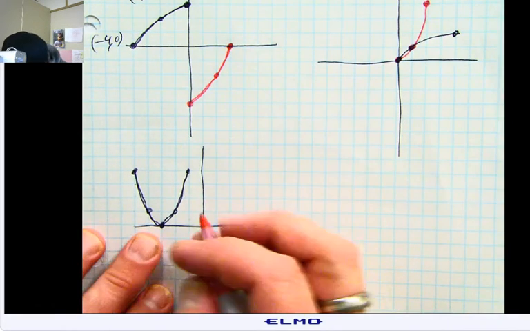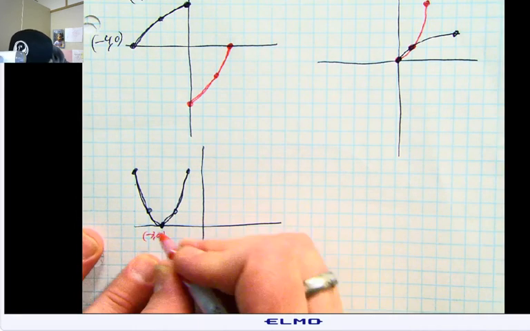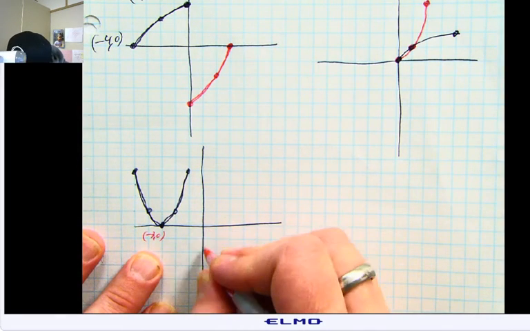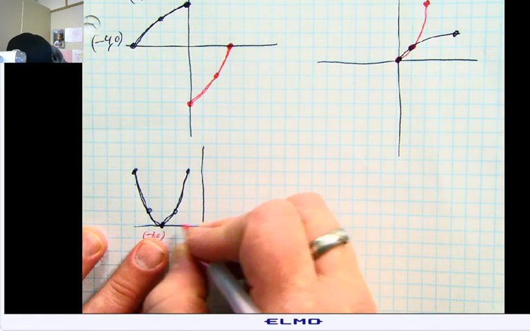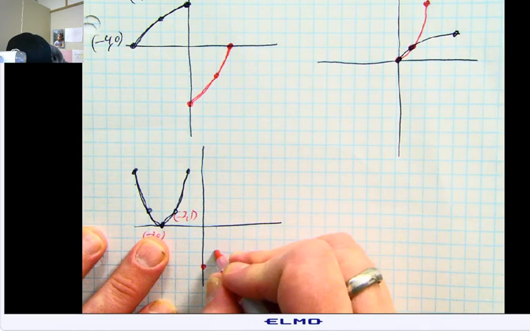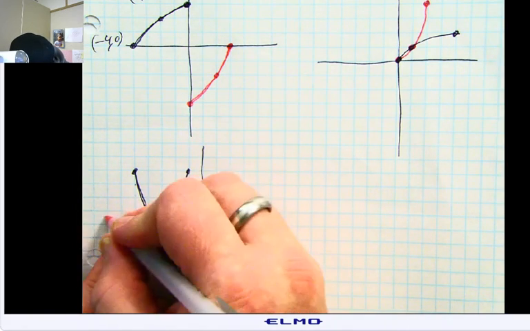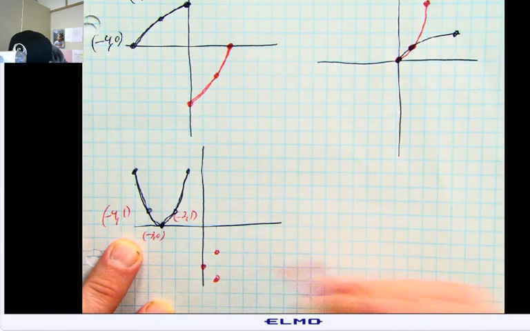Well, this coordinate is (-3, 0). So you switch the x and the y, you get (0, -3). The point (-2, 1) would become (1, -2). The point (-4, 1) would become (1, -4).